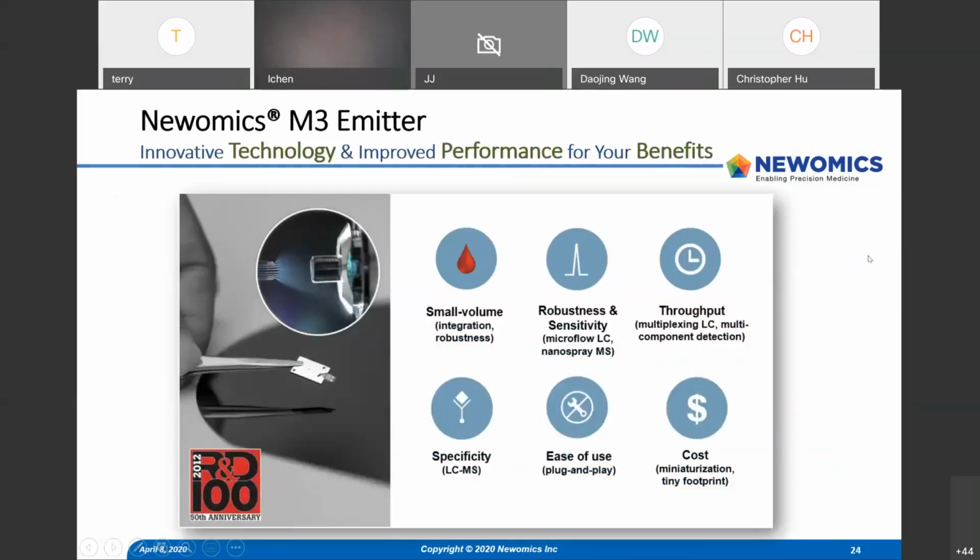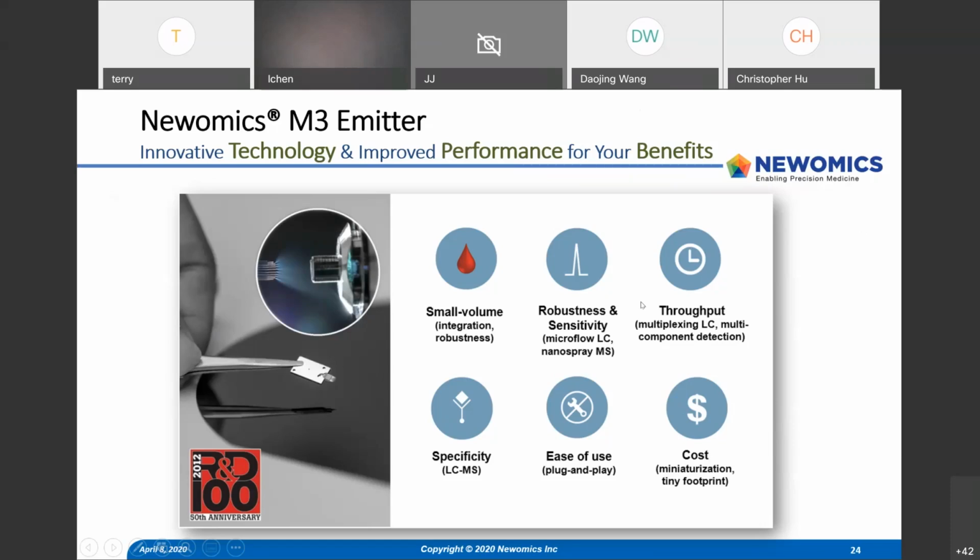Let me summarize the characteristics of our emitters. Over the last, I would say, 10 years, we published a series of papers integrating different functional modules, including LC column, sample preparation, and enrichment on the same silicon chip. Essentially, this is a platform technology.